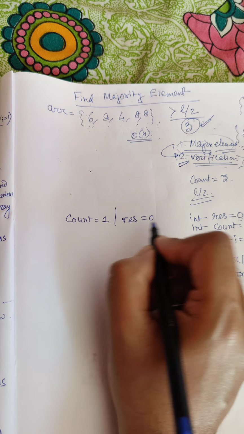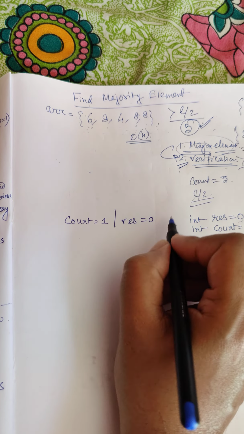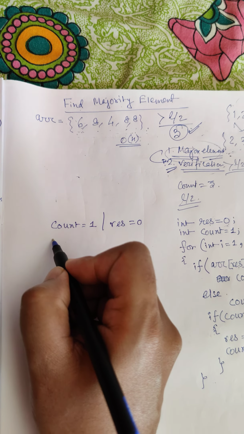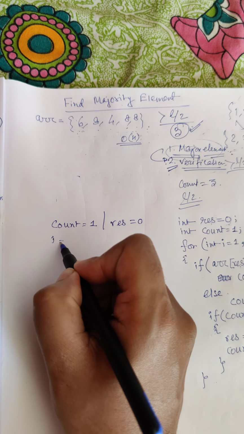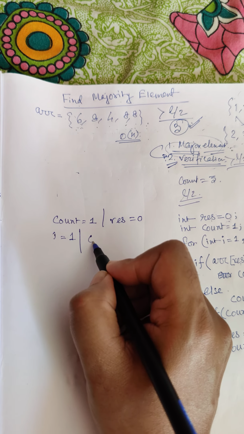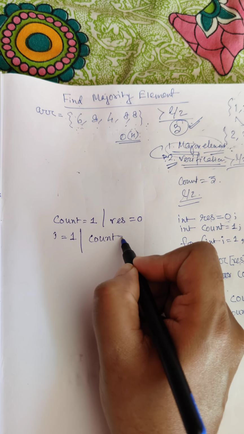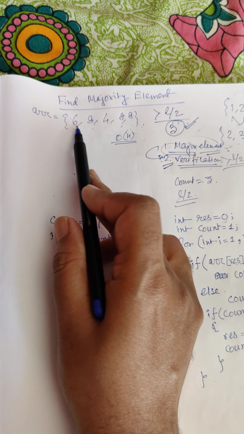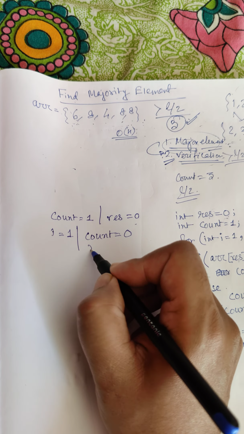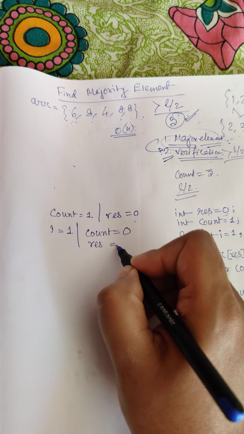That is what we have set initially here. In the case of index number 1, I equal to 1, what is going to happen? We have our count value, and that is going to be 0 because 6 is not equal to 8. So that is going to be 0. And what is going to be our result value?